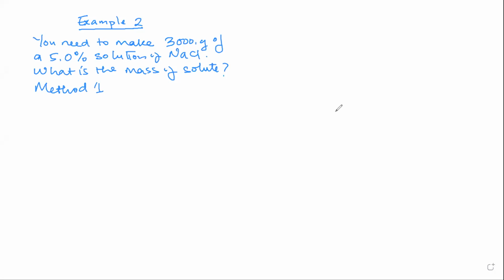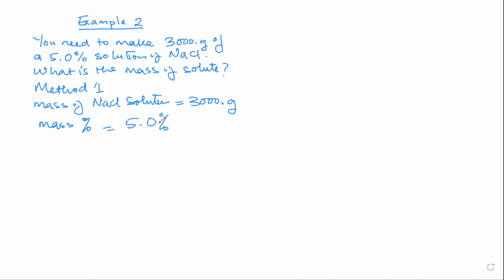Let's start with the first method. Let's write what we know. We know the mass of the sodium chloride solution is 3,000 grams. And we know the concentration, the mass percent, and that's 5.0%.